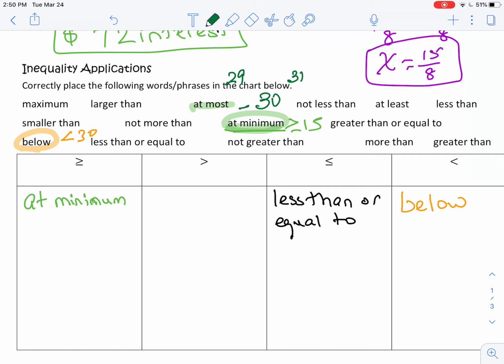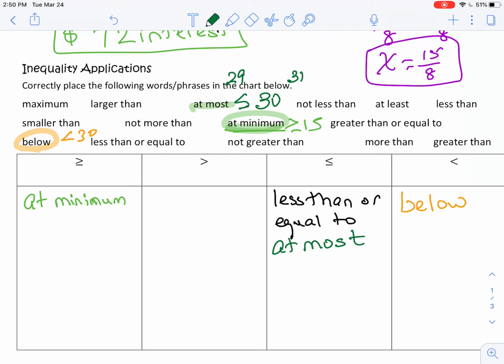Maybe you're storing ice cream, and at most it can be 30 degrees and then it starts melting. So at most means that it needs to be less than or equal to 30 degrees.